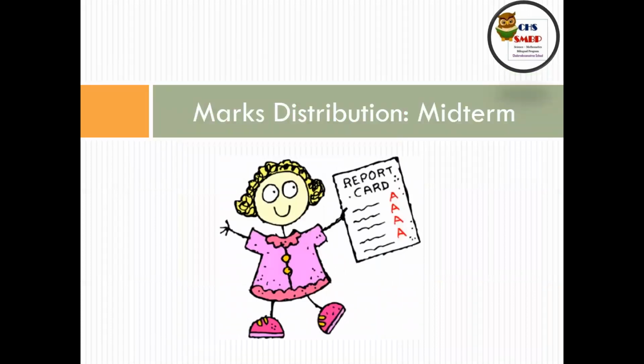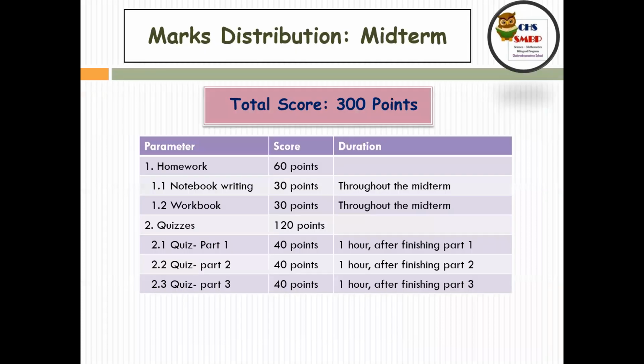Now, I would like to talk about the marks distribution for the midterm, and this is very important to know. As you can see, you will be given 300 points to get assessed for the midterm. Homework will be 60 points, split into 2 parts: notebook writing, 30 points, and workbook, 30 points.